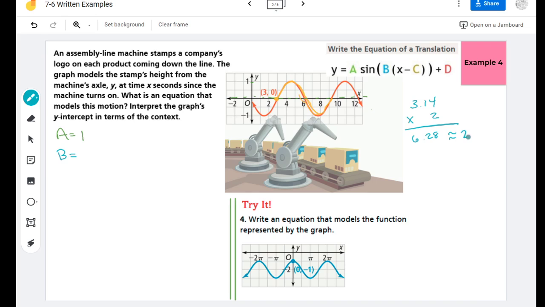So that's about 2 pi. So that distance that's slightly over 6, I have the feeling that that's saying that our period is 2 pi. And so since our period is 2 pi, that means that our B value is 1.